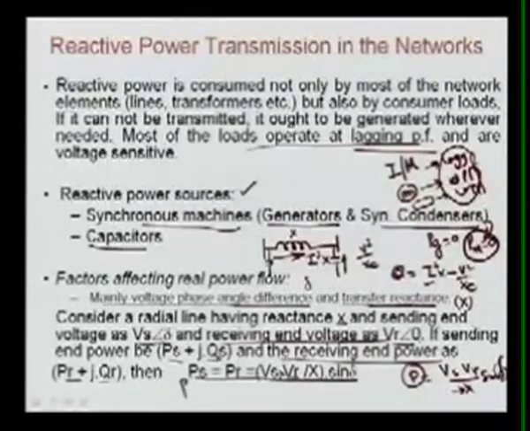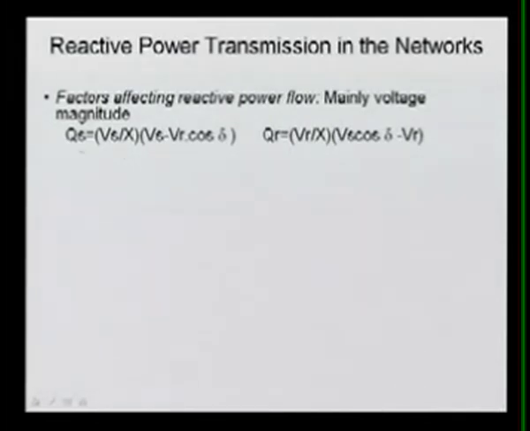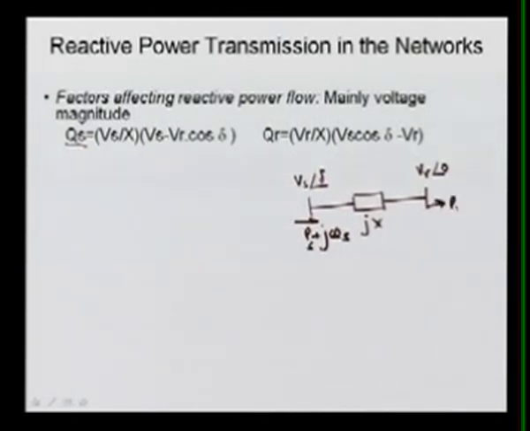However, for the reactive power Q from the sending end, basically what we did here, it is your Vs angle delta, and we have the transfer reactance of this whole system, jX. Here it is your receiving end, this is your Vr angle 0. This is the sending end with P plus jQ, and at the receiving end we are getting PR plus jQR.